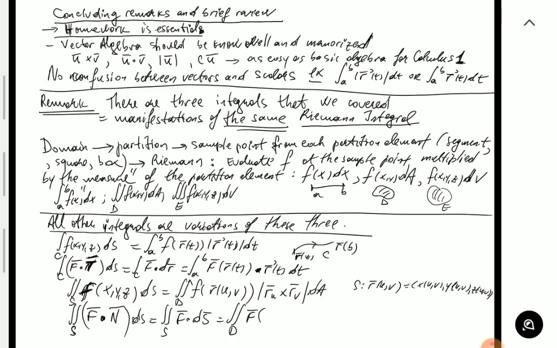You evaluate again the vector field, the function to integrate, at the parameterization of the surface, and then dot r_u cross r_v or r_v cross r_u, depending on how you choose the orientation on the surface. So there's only one integral, three types: single, double, and triple, depending on the dimension of the domain, and the other ones are variations of the first two.